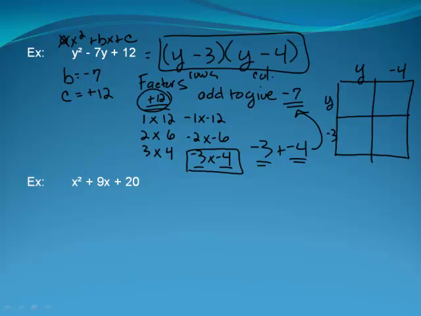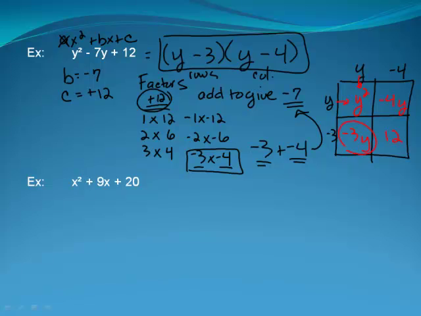Then remember that what goes in each of those area boxes is the length times width product of that rectangle. So y times y is y squared. Here, y times negative 4 is negative 4y. Down in our lower left, negative 3 times y is negative 3y. And in our lower right, negative 3 times negative 4 is a positive 12.